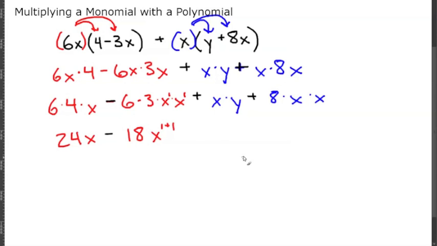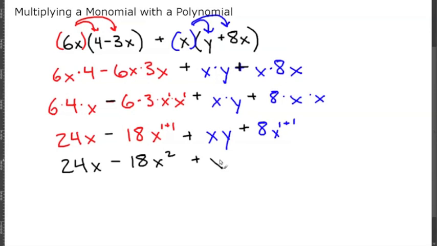We can add the exponents, plus xy plus 8, and again, x to the first times x to the first, they have the same base, so we can add the exponents, 1 plus 1. This is going to leave us with 24x minus 18x squared plus xy plus 8x squared.